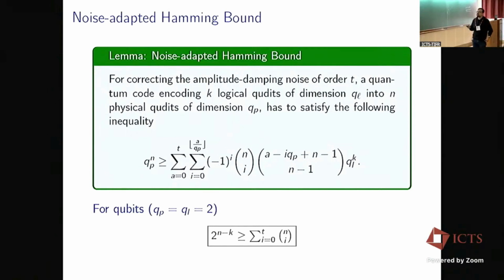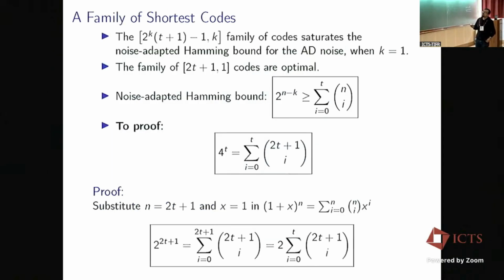For the qubit case, we just put qp equal to ql equal to 2, and it boils down to this simple expression. We have already introduced this family of 2 to the power k(t+1) minus 1, k codes, and we claim that it saturates this noise adapted Hamming bound when k equal to 1.